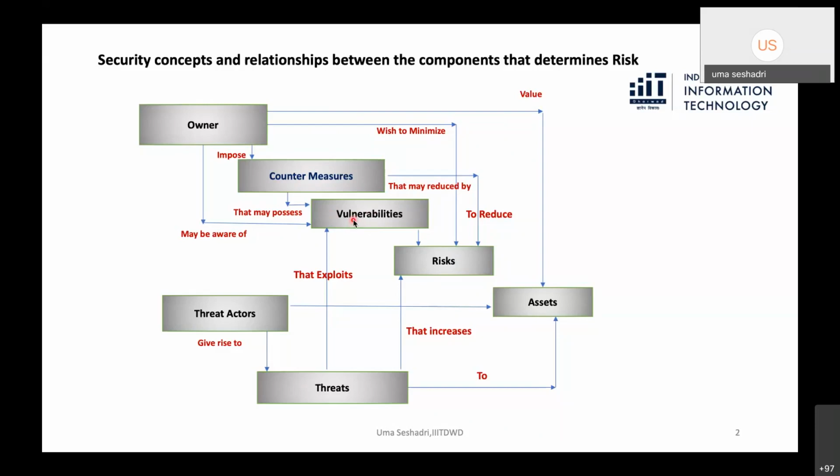So rather than saying that I am going to remove all the weaknesses, I always say that I am aware of these vulnerabilities, but I'm going to have a better risk management strategy in my system, in my organization.